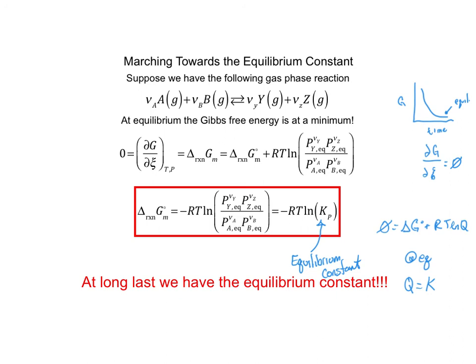And with that, we now have derived what the equilibrium constant is, at least in terms of pressures. Now, remember that we often do this in terms of concentration, but we will get there. For now, let's just keep it in terms of pressure, and we will continue working with this concept.